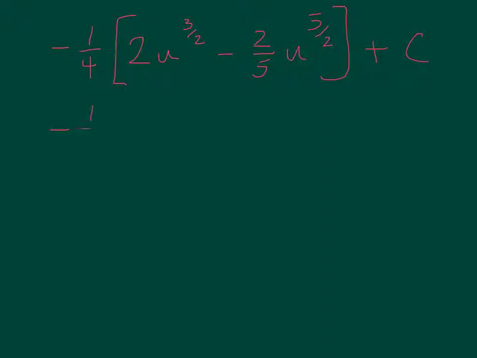So we would have negative 1/4 times, I could factor out a 2/5 u to the 3/2. And that would leave behind 5 minus u.